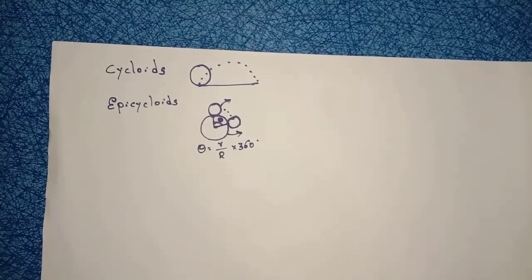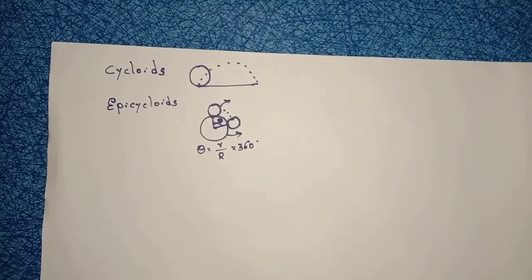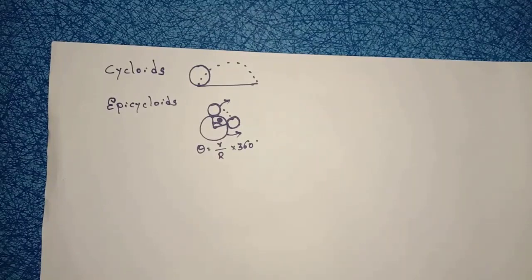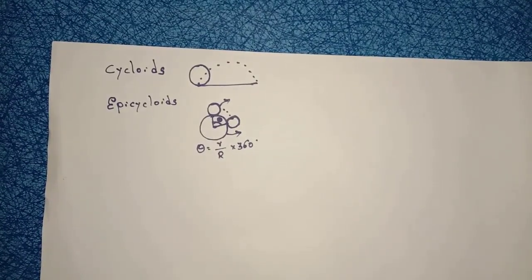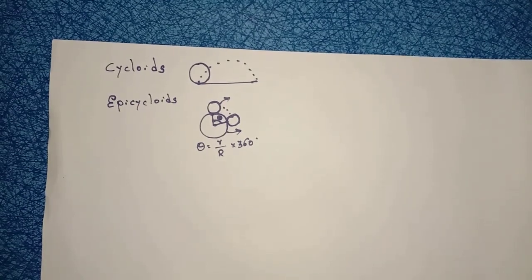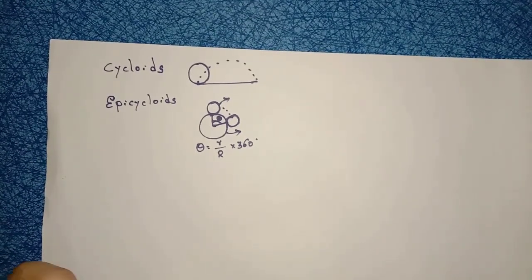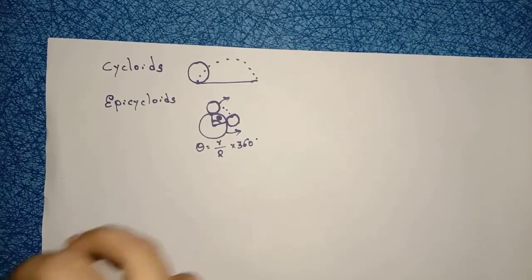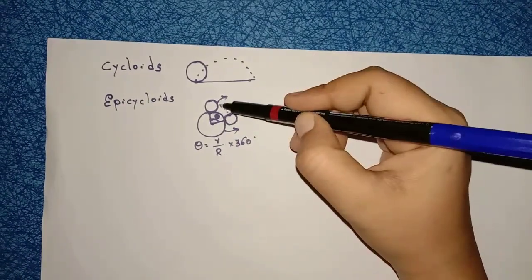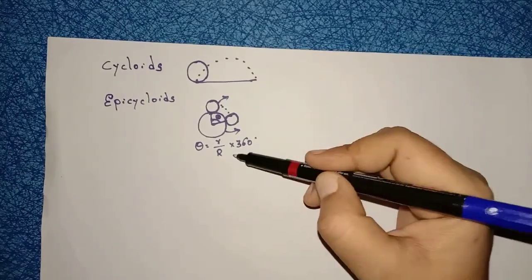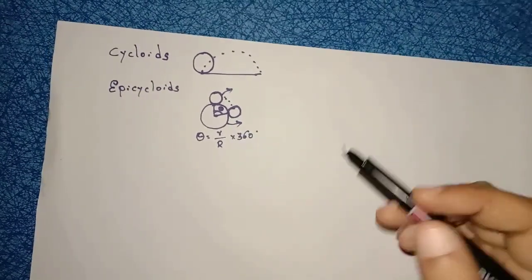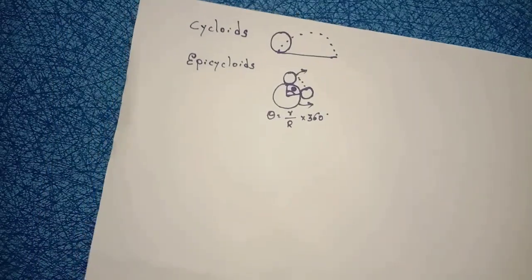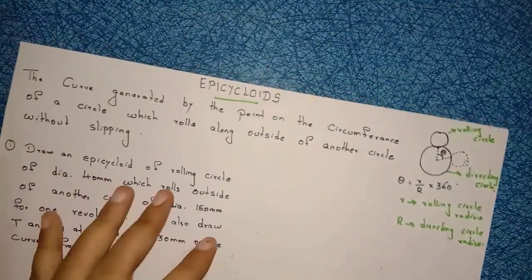So remember, when a circle rolls outside of another circle without slipping, the curve obtained is called an epicycloidal curve. In this epicycloid, we are going to find the theta value: theta equals small r by capital R into 360 degrees. Small r is the radius of this rolling circle and capital R is the radius of this directing circle, right? So that's what I mentioned here.